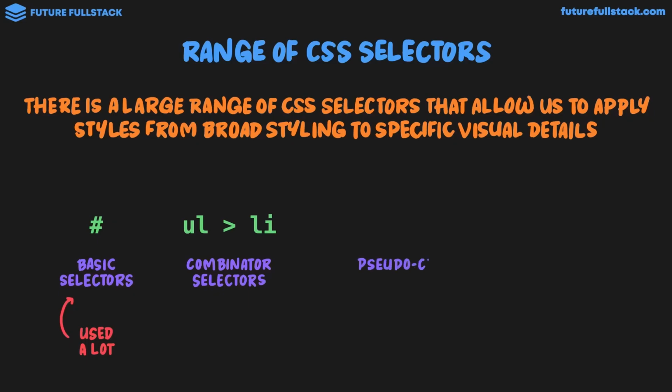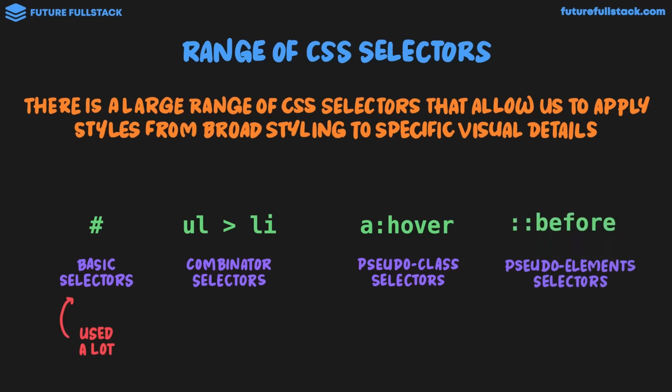Next up are pseudo-class selectors. These type of selectors apply when a different state or condition is met. For example, hovering over an anchor tag. They're really important and we will be discussing them soon. The last type of selector is a pseudo-element selector. These selectors can target a specific part of an element. As you can see, there's a wide range of different selectors, and we'll be going through each of them in great detail in this topic.